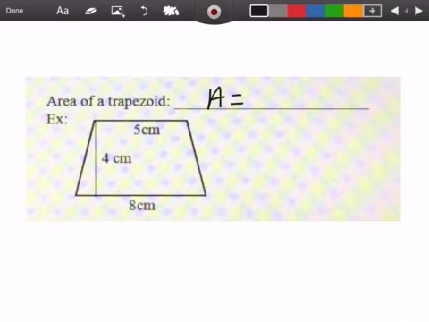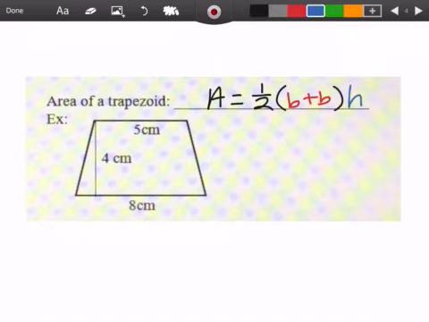So that's what this first part is. We have to do 1/2 times the base 1 plus the base 2. I'm just going to put B plus B. And then we can multiply times the height. So this first part right here is finding the average of the bases. We add the two bases together and then divide by 2, and that gives you an average, and then you can multiply by the height.